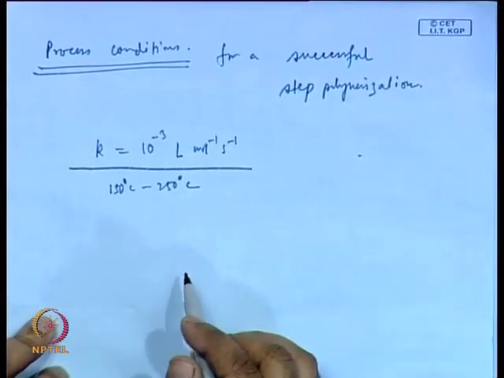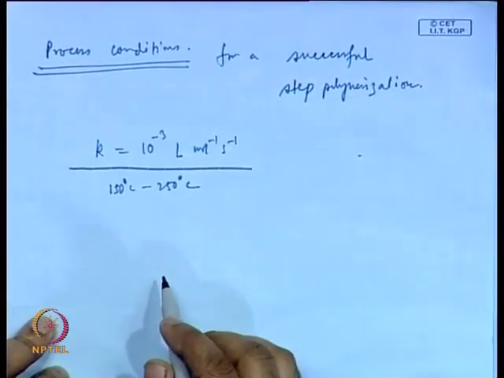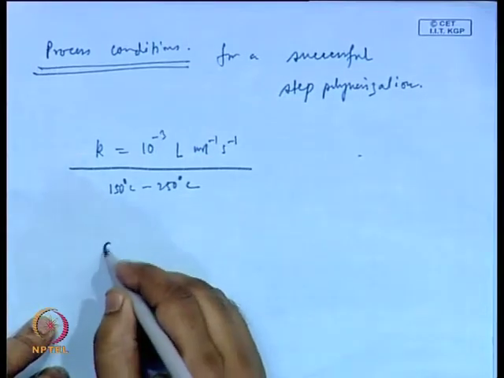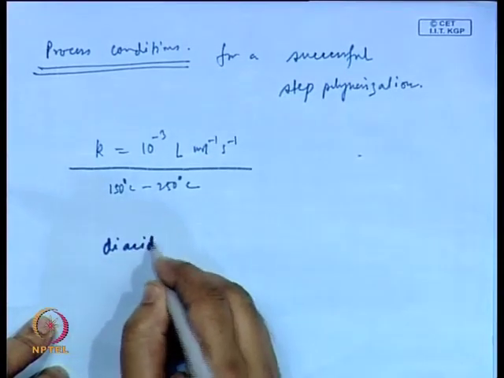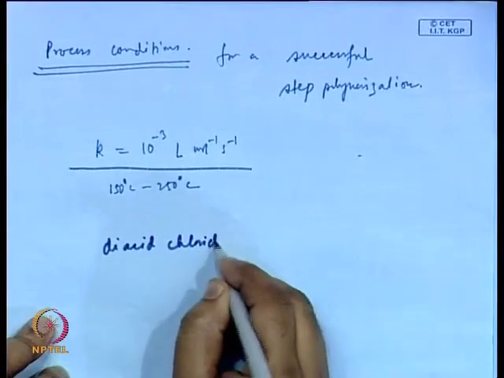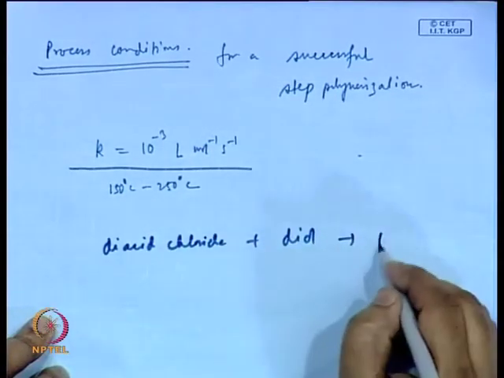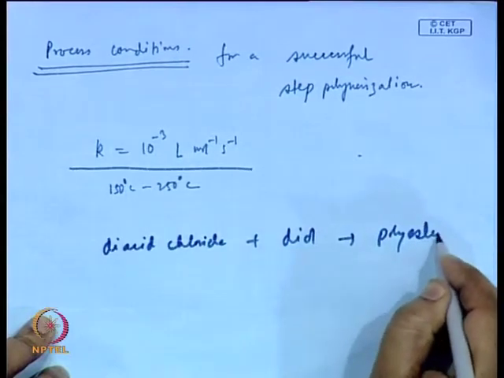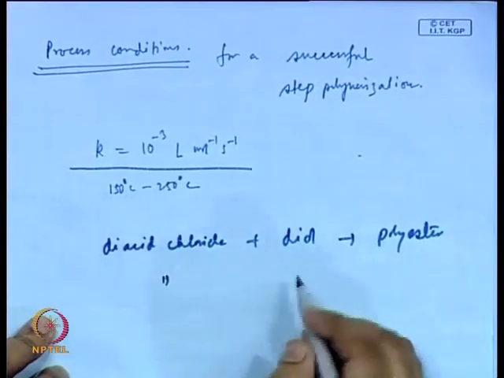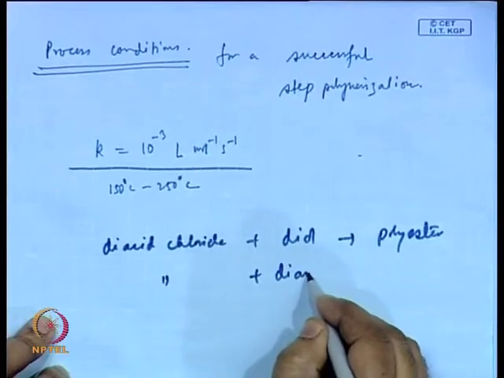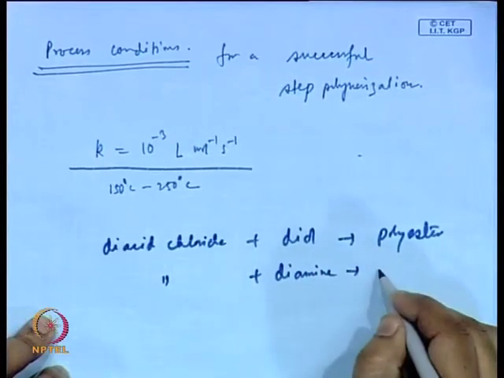One example is the reactions with diacid chlorides. For example, diacid chloride plus diol forming polyester, or diacid chloride plus diamine forming polyamide.